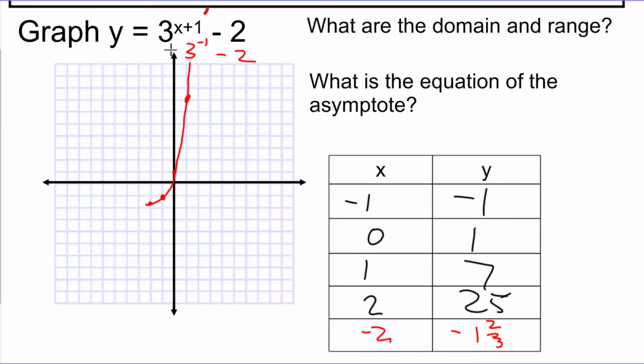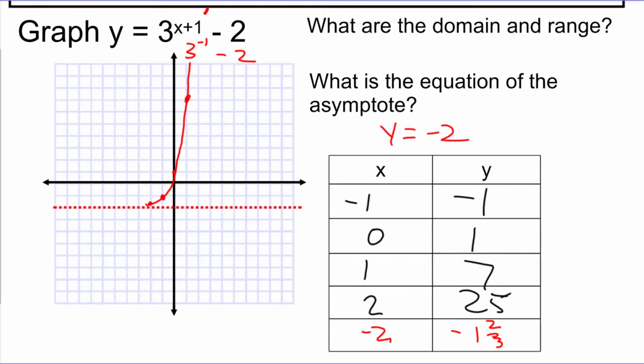And so for us, it's going to be -2. The reason that it's -2 is because your d value shifted the original parent function's asymptote that was at 0, right? All exponentials have a horizontal asymptote right here at 0, okay? And then the d value, the transformation, shifted it down 2 units, so that's going to be an equation of y is equal to -2, right?